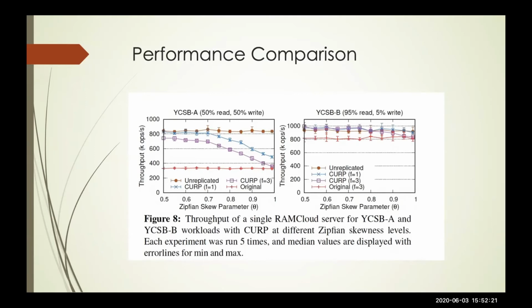I think it also gives a provision to persist, but write consistency is not very high. But with CURP it gives very high availability and very high consistency with Redis as well.